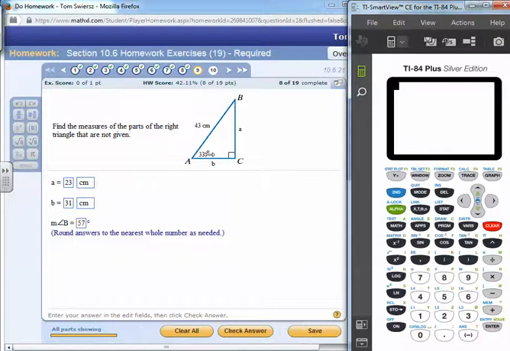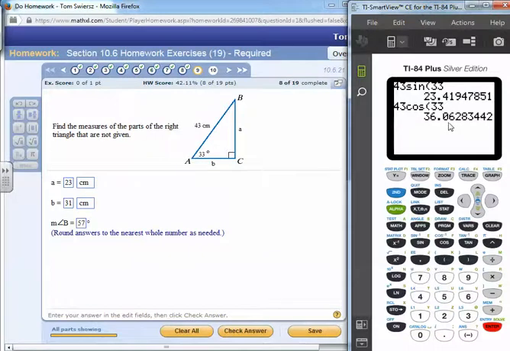Side A was 43 times the sine of 33, 23.4, so 23, and cosine was 43 times the cosine of 33.